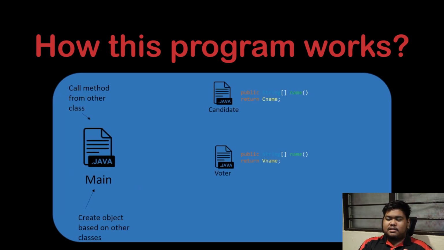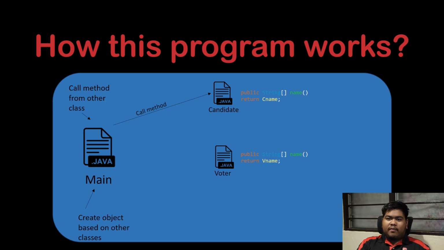And then this is the simplification of the flow. In the main Java file, we create an object based on other classes, and it will also call a method from other classes. So here we have the candidate class and voter class. In these classes, there is a method named name, and those methods will return a value.